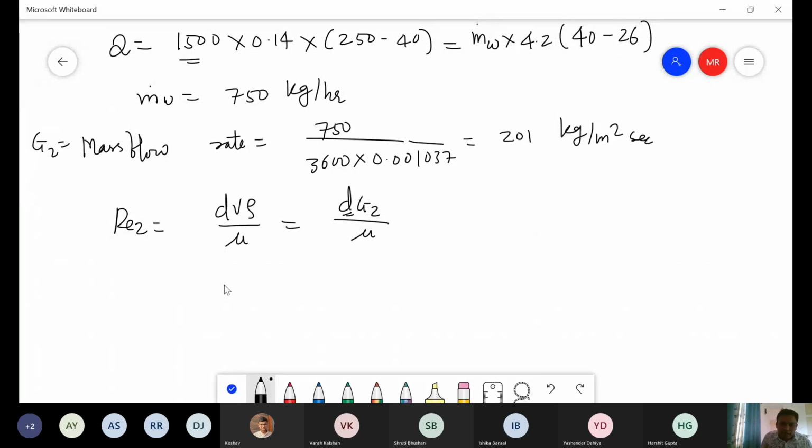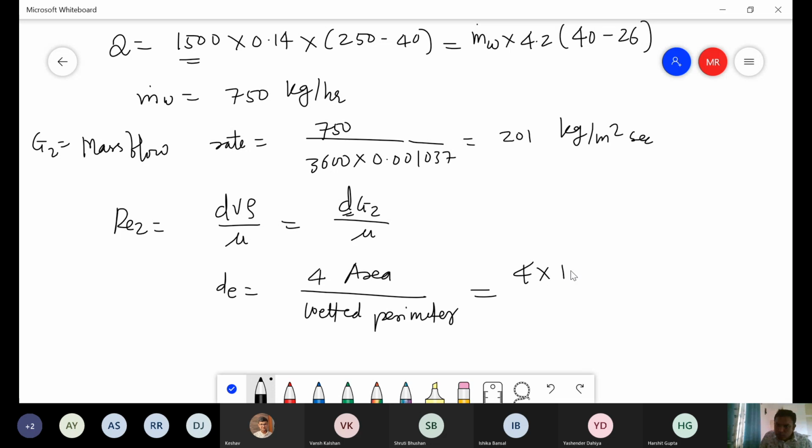So dE in this case is going to be what? Equivalent diameter is calculated like this: 4 into area by wetted perimeter. So this is the formula for the equivalent diameter. 4 into area, we already know the area. So that is 1.037 into 10 raised to power minus 3, divided by wetted perimeter.